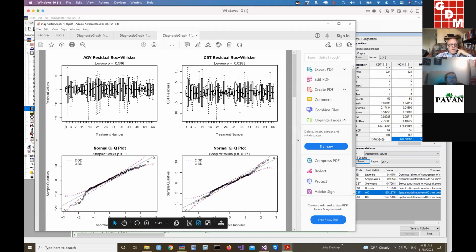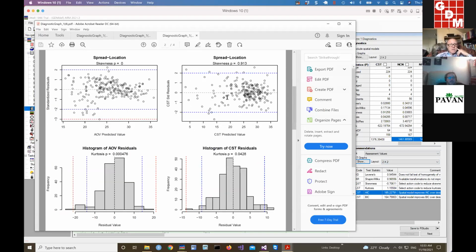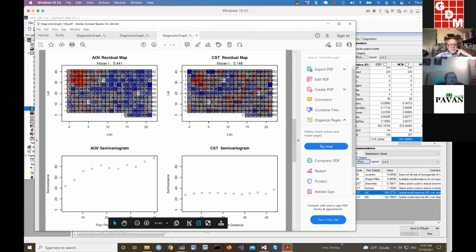And you see our Levene's test is going to suffer when we use a cubic spatial model. Although we do get improvement on our Shapiro-Wilk test, we do get improvement of our skewness, and we do get some improvement of our kurtosis. And we see that our Moran's I is going to be improved upon by our inclusion of a cubic spatial trend.